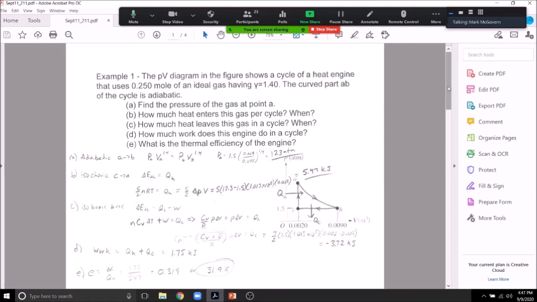All right, so what we want to do here is we have our working substance. It's air. It's 2.5 moles. We're told that the process AB is adiabatic, and we want to start finding a bunch of information here. The best thing to do is to go through each process and try to figure out all the missing variables.